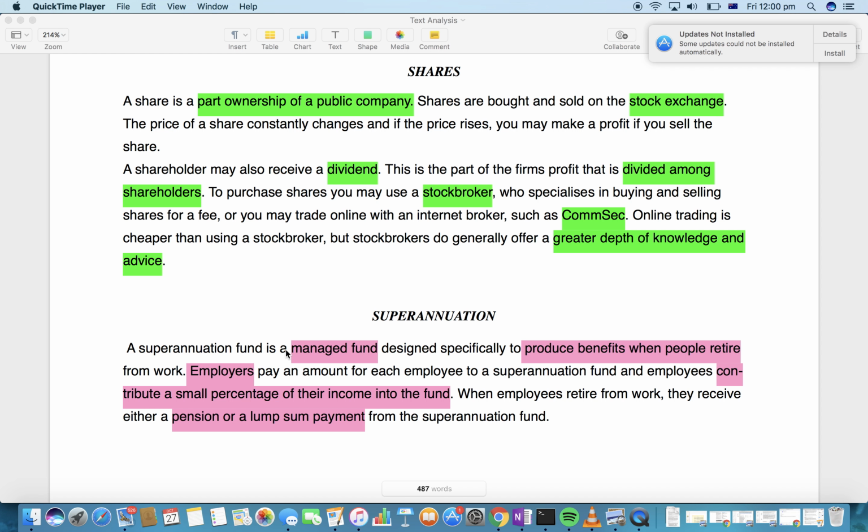People do use their superannuation funds to invest, so you can contribute more than the 9.5% now. And once you've contributed your money to a particular fund like Host Plus or Rest Superannuation, for example, those companies then invest your money and try to get a return on that money. So you're trying to make a profit on that money.